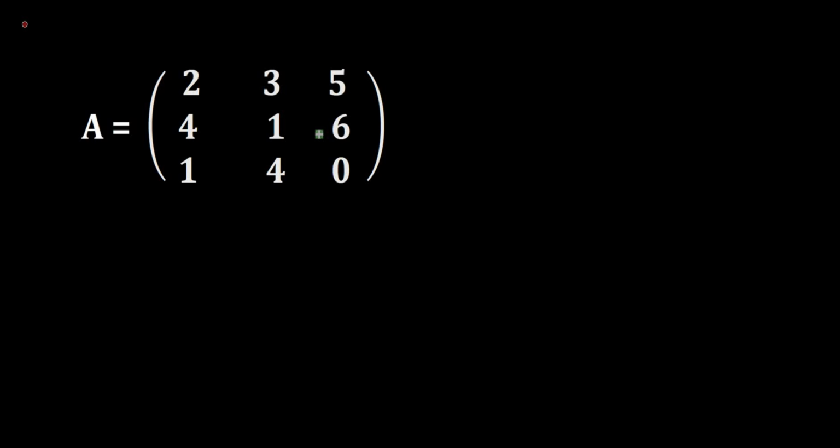To find the cofactor of the square matrix A, first we need to create the matrix of the cofactor, and we can simply write that as C equals.